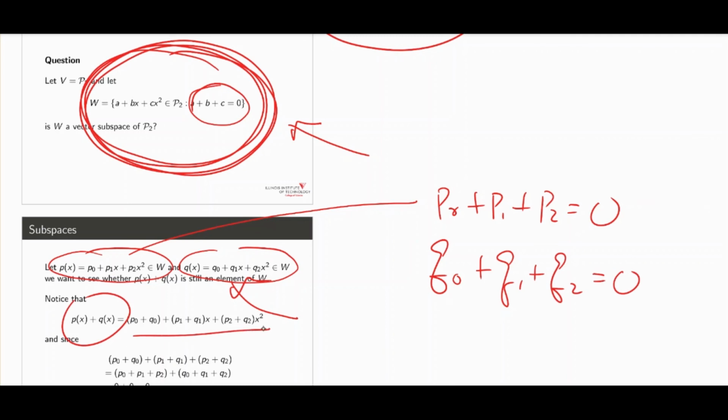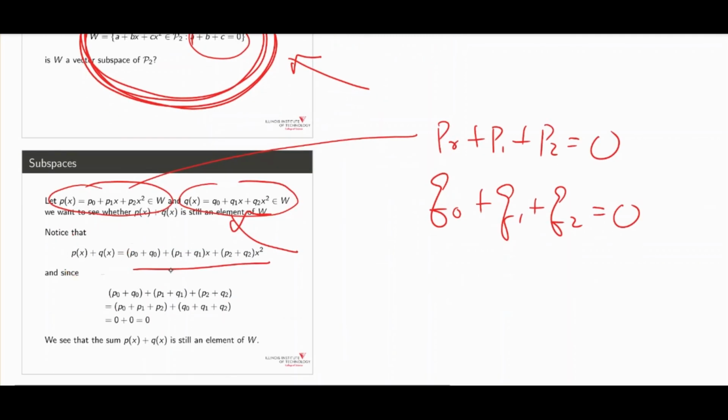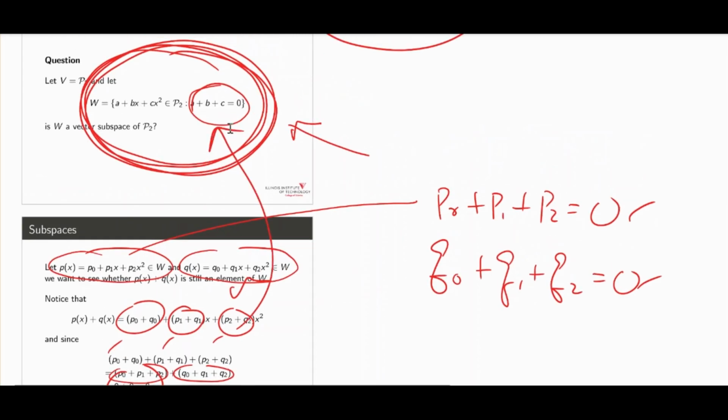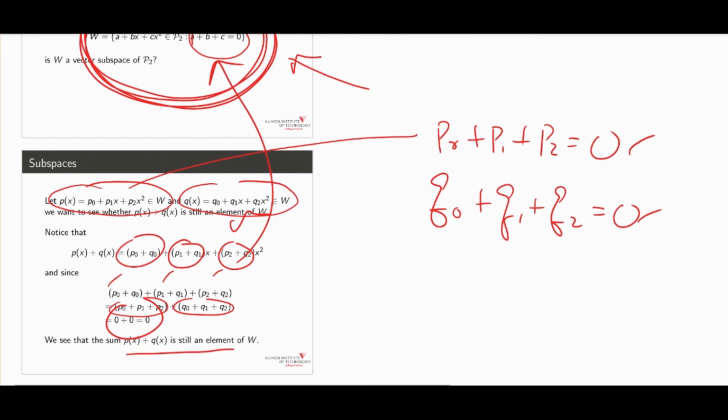This is how you add polynomials. Now we investigate the coefficients. What do they add up to? If you regroup, you have this and you have this, and this is 0, this is 0. So you add up to 0. So it qualifies to be in W. So this element here is in W.